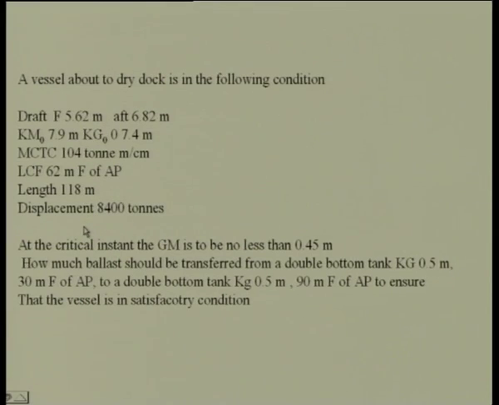Now, you are told that at the critical instant your GM should be 0.45 meter. In order for that to happen, how much ballast should you transfer from a double bottom tank with a KG of 0.5 meter, 30 meter forward of AP, to a double bottom tank with a KG of 0.5 meter, 90 meter forward of AP, to ensure that the vessel is in a satisfactory condition.